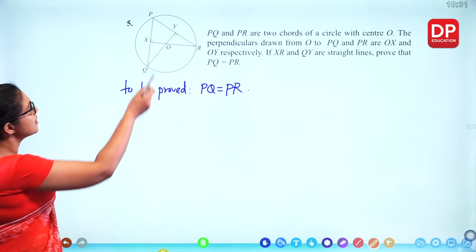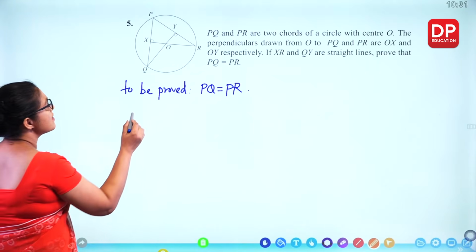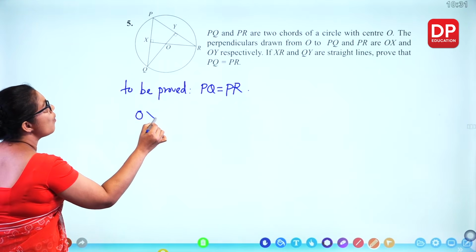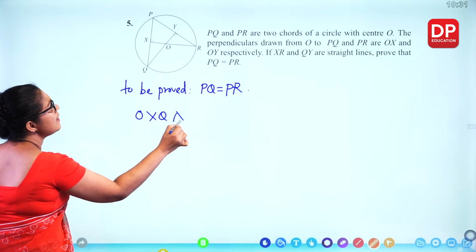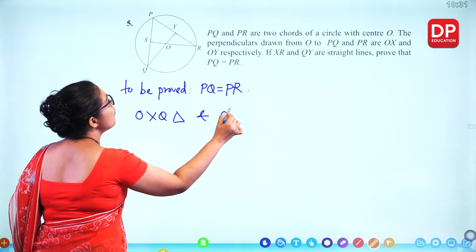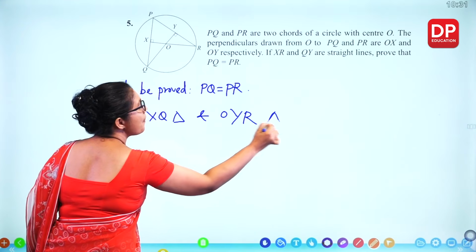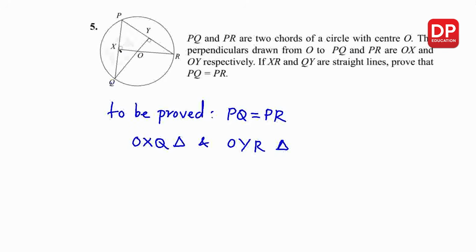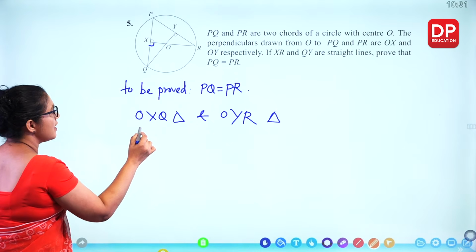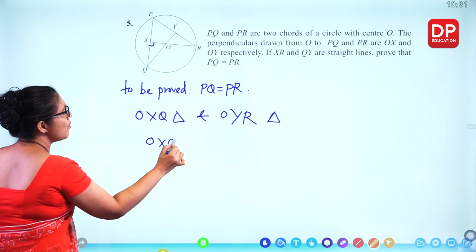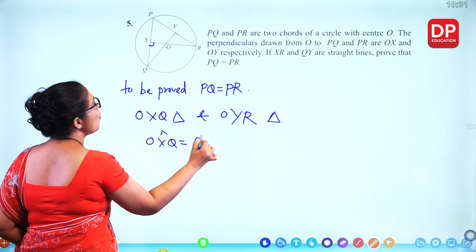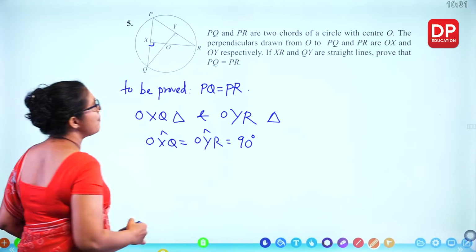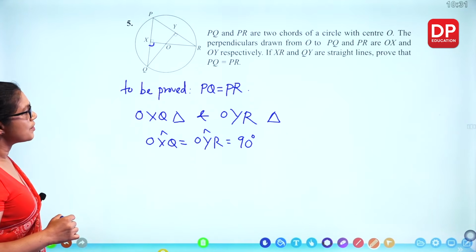Now when you look at these two triangles and see what we can find out, we'll take OXQ triangle and OYR triangle. What do you know? We know this is 90 degrees. So here OXQ angle is equal to OYR. It's 90 degrees because it's perpendicular to the chords.